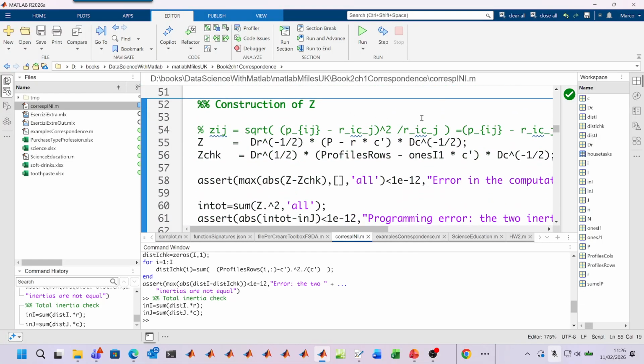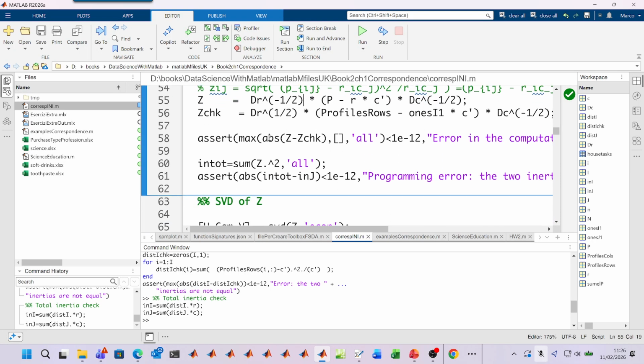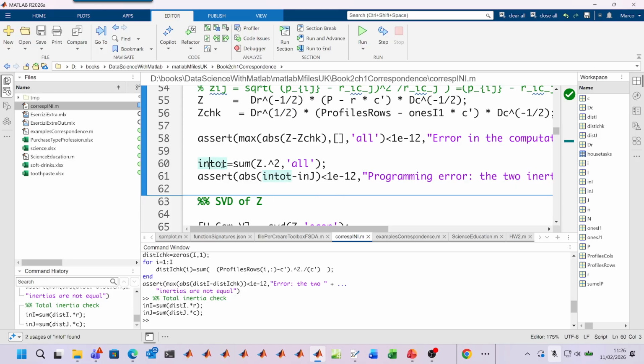Construction of Z. You can see that what I've shown in the formula and what is implemented in MATLAB is exactly the same thing. You see all the matrices. And then the sum of Z squared, the sum of all the squared elements, is again the total inertia.